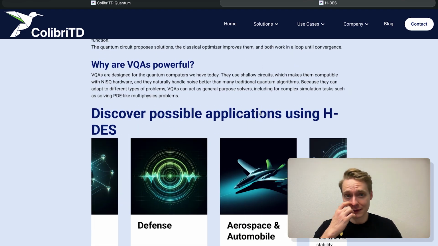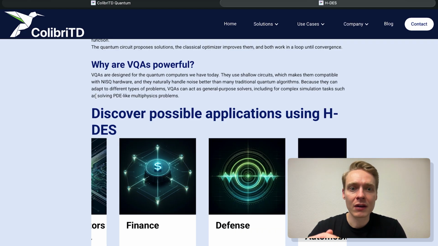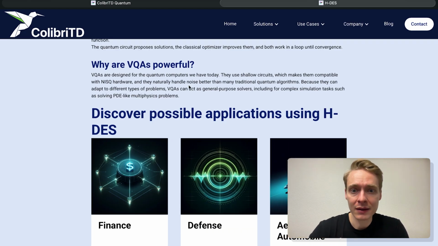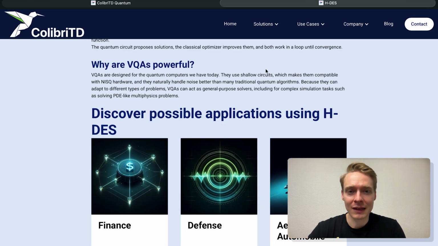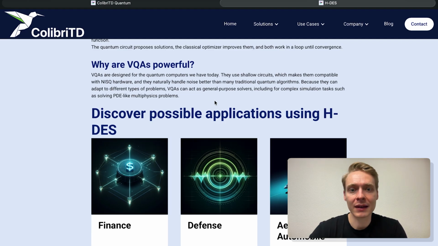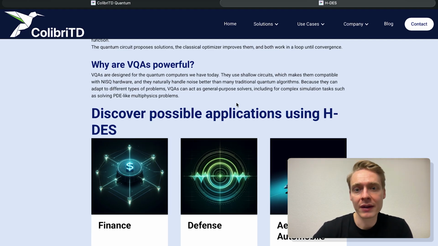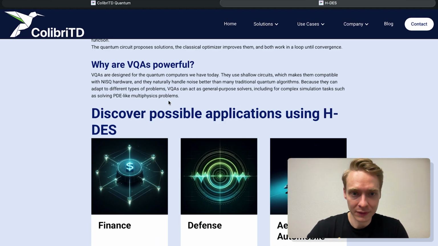So why are these systems so powerful? VQAs are designed for the quantum computers we have today. They use shallow circuits which make them compatible with NISQ hardware, and they naturally handle noise better than many traditional quantum algorithms. Because they can adapt to different types of problems, VQAs can act as a general purpose solver, including, for example, simulation tasks such as solving PDE-like multi-physics problems.